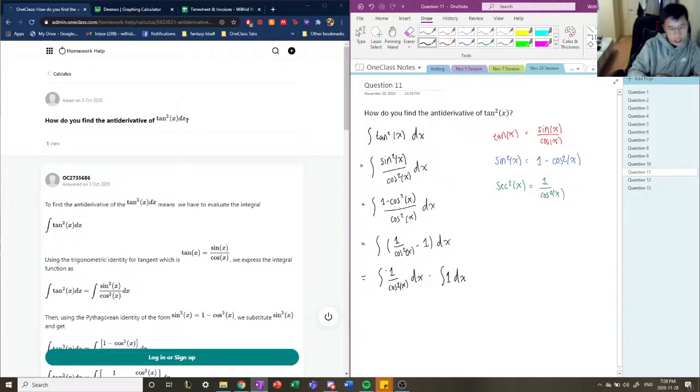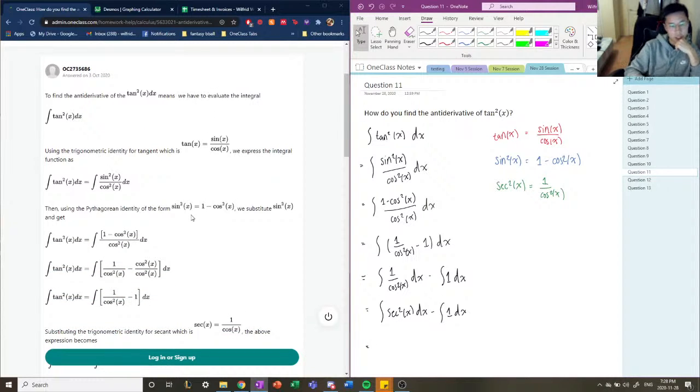So we're going to apply that here. So we're going to write the integral of secant squared x dx minus the integral of 1 dx. So using the constant rule here, we know that it's equal to x. And using our knowledge of common trigonometric integrals, we know that the integral of secant squared x is just tan x.